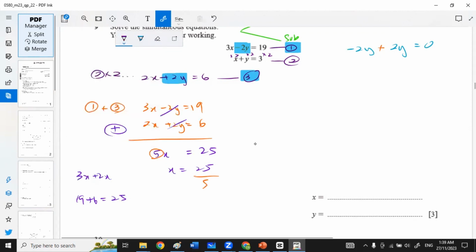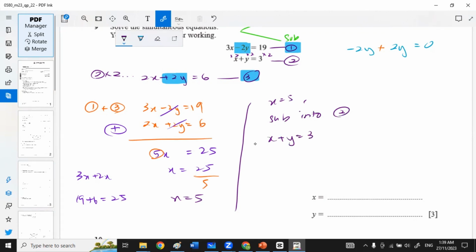So x equal to 5. With x equal to 5, just sub into any equation. In this case, I will choose second equation. x plus y equal to 3, x is 5 plus y equal to 3. So y equal to 3, the 5 here is plus, so we bring to the other side become minus 5. Therefore, your y is equal to 3 minus 5 is negative 2. x is 5, y is negative 2.